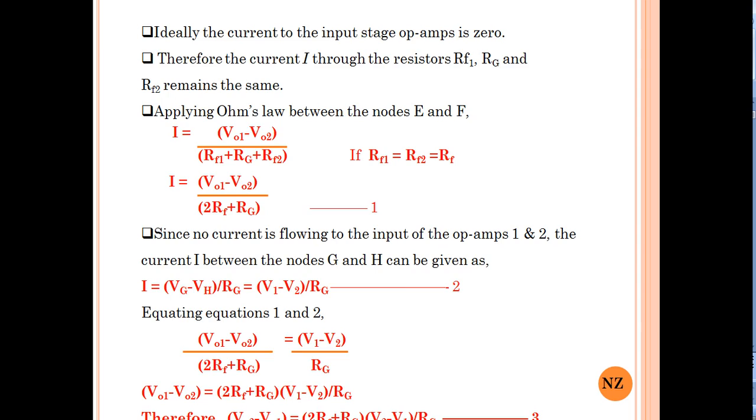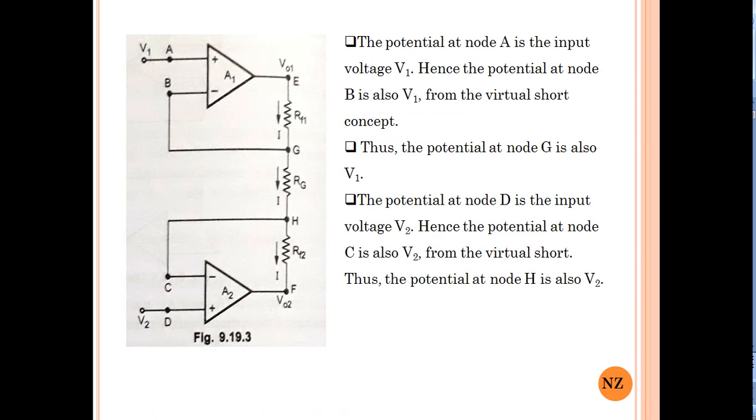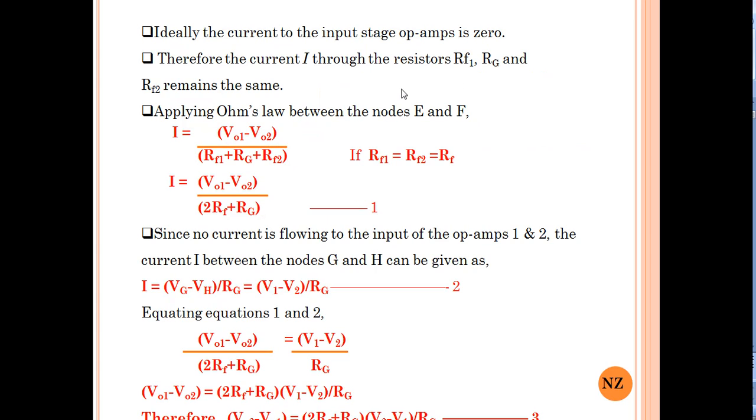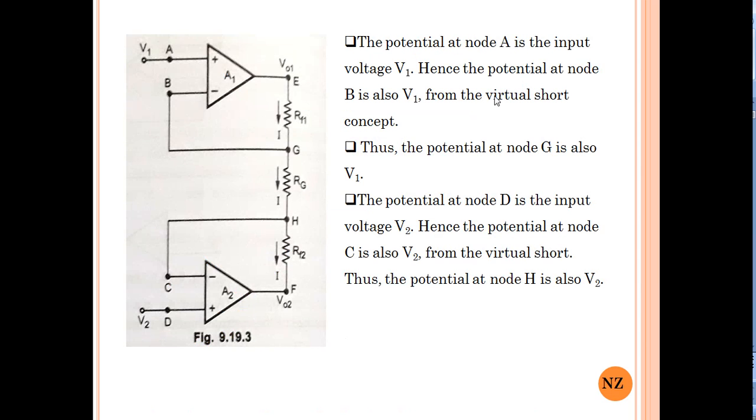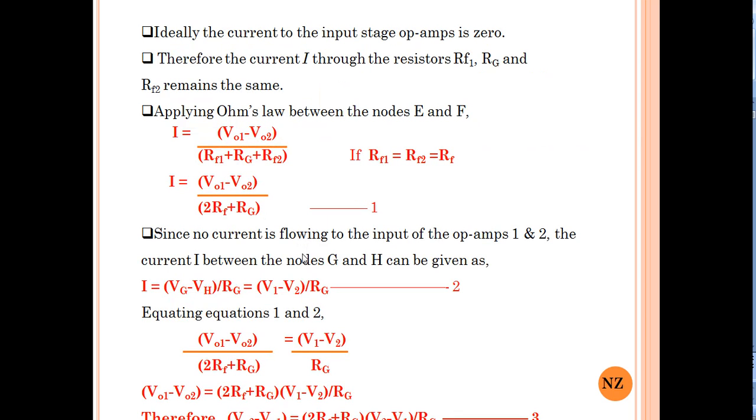So all the current flows through the feedback and output branch, that is, through RF1, RG and RF2.